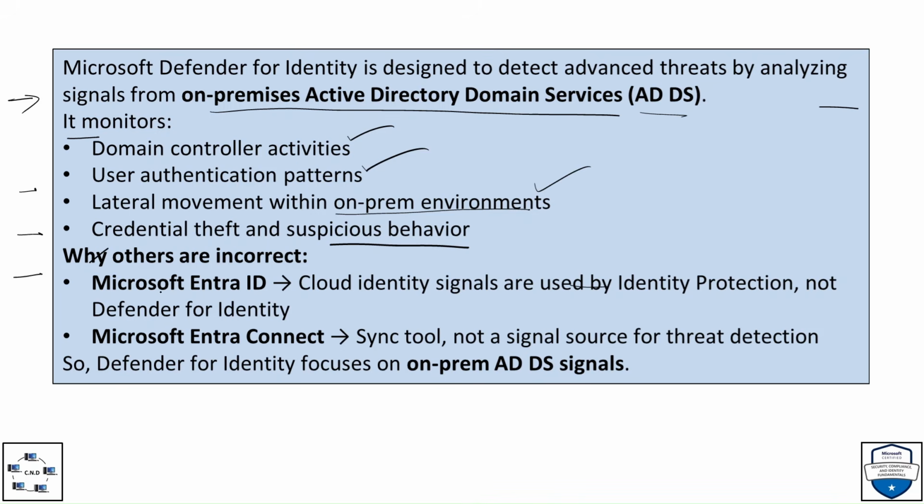So why the other options are incorrect? So Microsoft Entra ID is cloud identity signals. Cloud identity signals are used by Identity Protection, not Defender for Identity. And Microsoft Entra Connect is a synchronization tool, not a signal source for threat detection. So Defender for Identity focuses on on-prem ADDS signals.